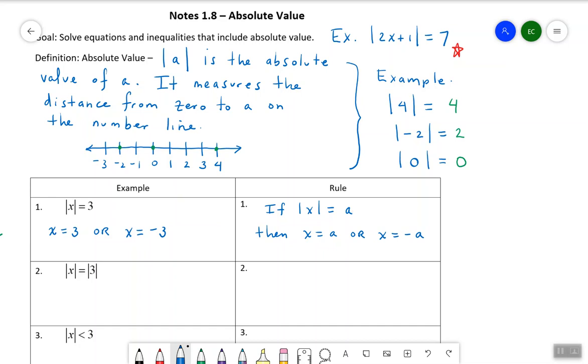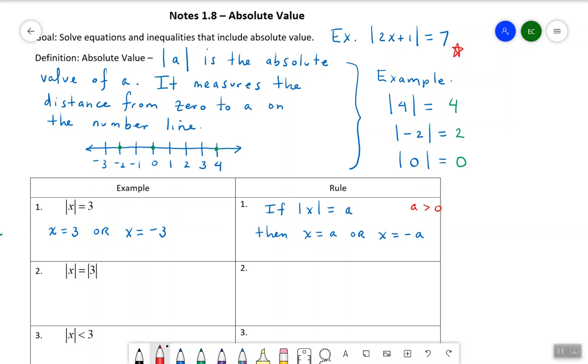And there's one more thing that we should note, which is that in this rule, a must be positive. And if a were negative, then that would be a special situation. Maybe you can see right away that there's no solution if the number on the right there is negative.